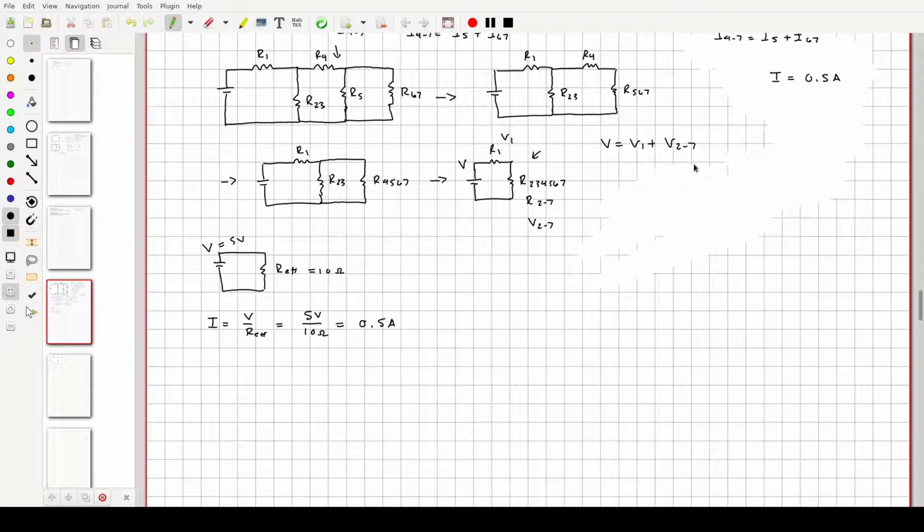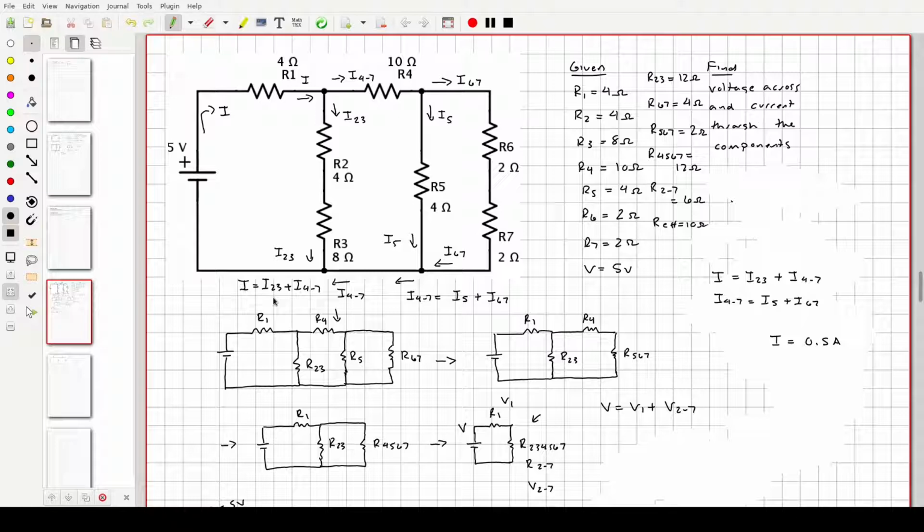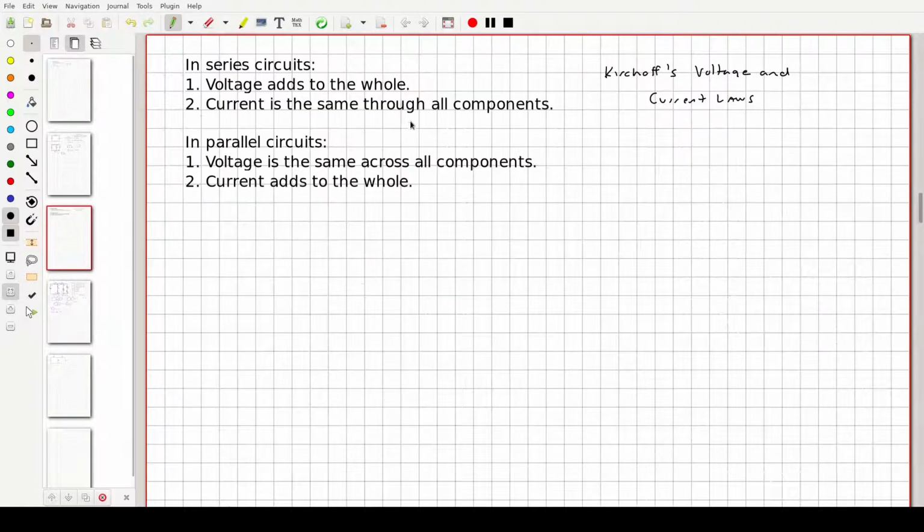Now, how do we get the voltages? Well, again, you look at the series and parallel laws from Kirchhoff. In a series circuit, which is what this reduction in complexity gave us, voltage adds to give you the total, and the current is the same through all the components.